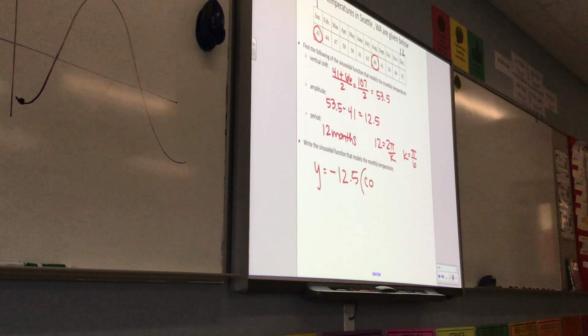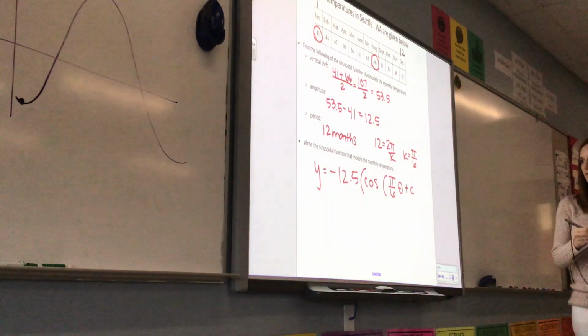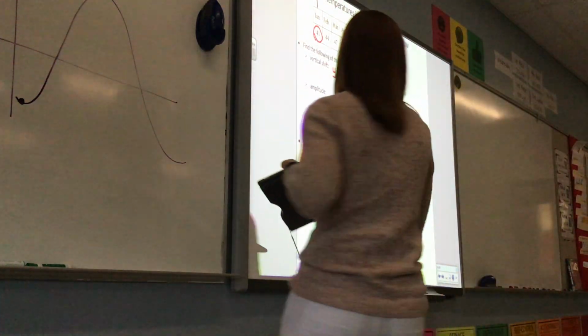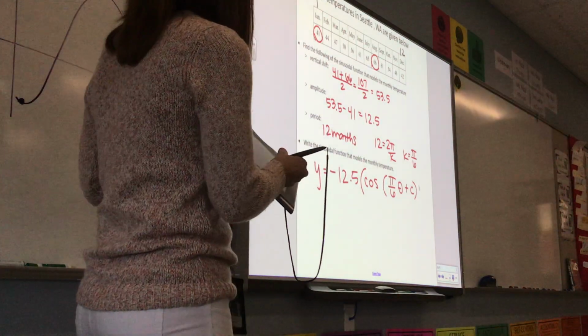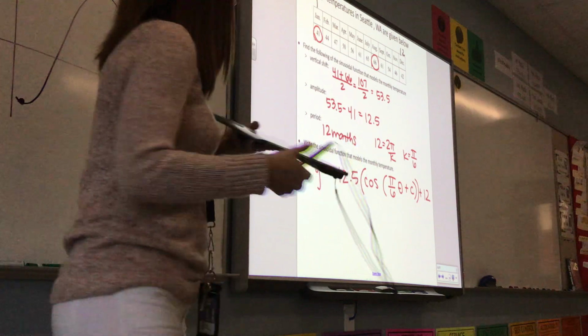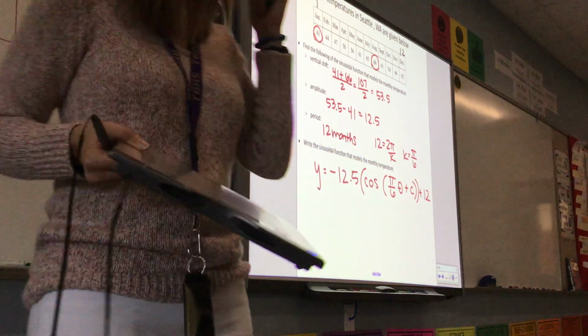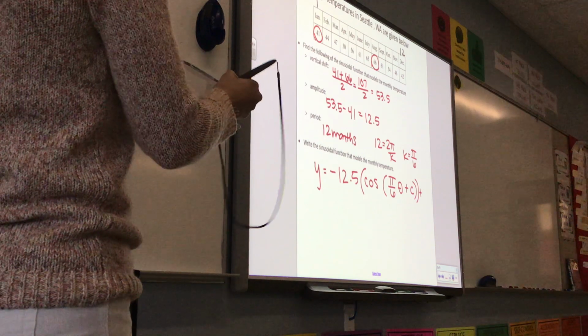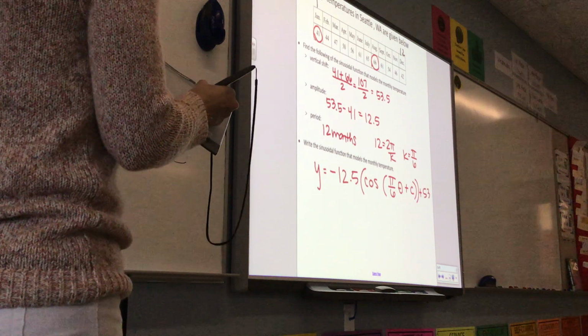Times the cosine of, I know it's pi over 6 x or theta. I'm going to leave my minus c. Sorry, it's plus c in your formula. Plus what? What's my h? No, it's not. It's 53.5. Sorry. I went with it too. I was like, yeah, it seems right.